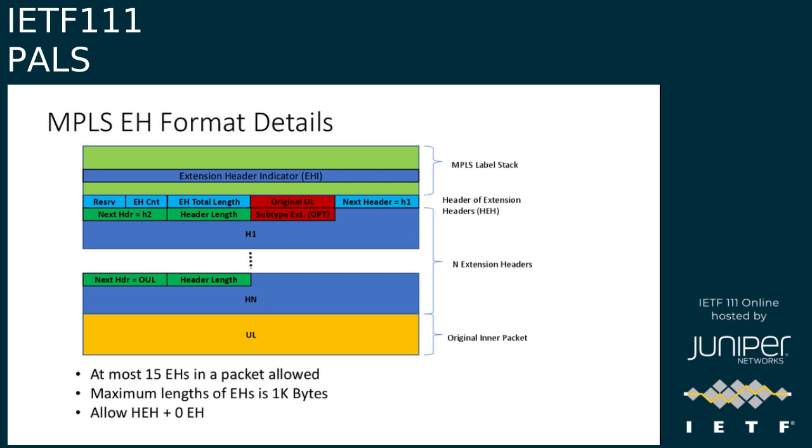You can see there's also a possible optional field, a subtype extension, which can be used to extend the extension header types. With this configuration, we can allow the total length of the extension headers to be 1K bytes. We can also support the case where there are 0 extension headers and only the header of extension header exists. With this, it can be used to tell what the type of the upper layer protocol is. Next slide, please.